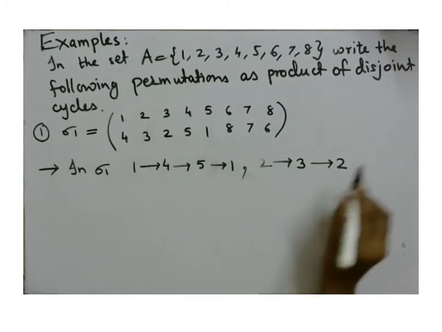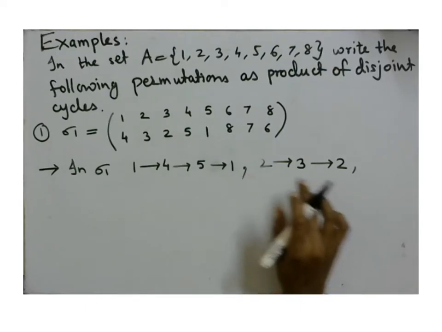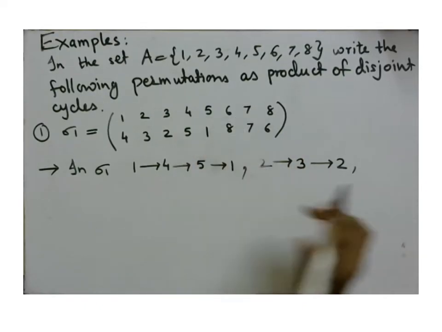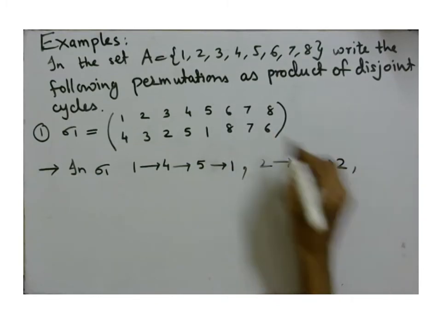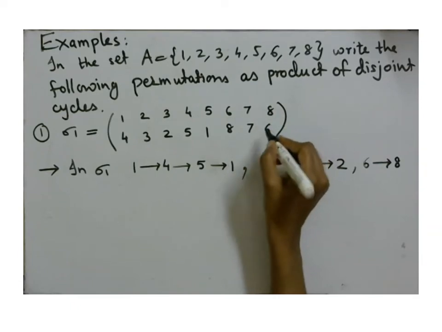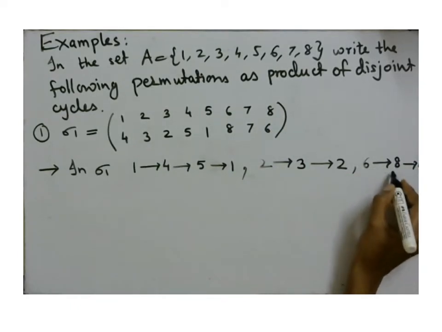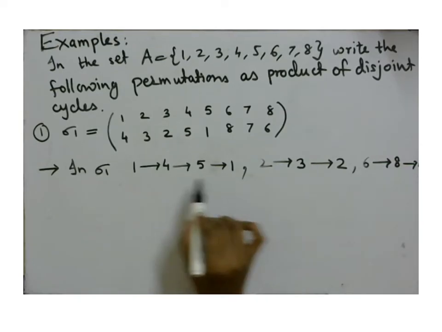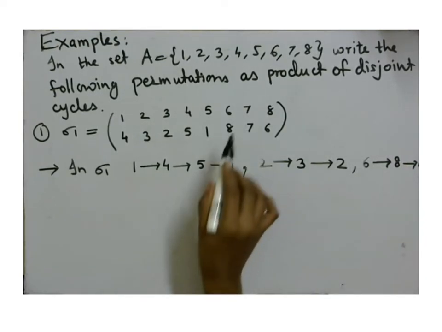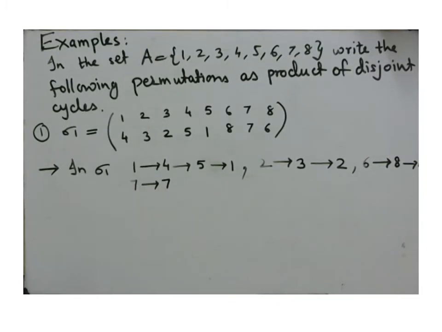Then these elements are over. Now let us see the elements which are not there in these two cycles. Let us start with 6. You can observe that 6 maps to 8 and 8 again goes back to 6. So again you got a 2-cycle, (6, 8). And then which element is not there? 7 is not there, and 7 maps to 7.